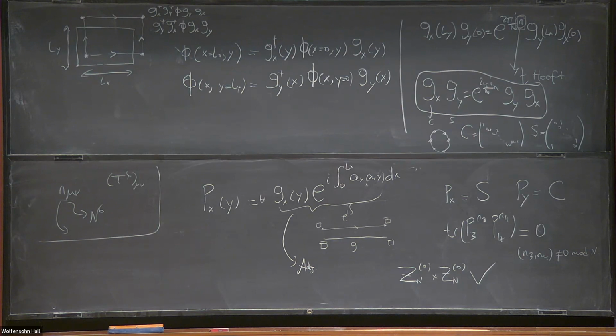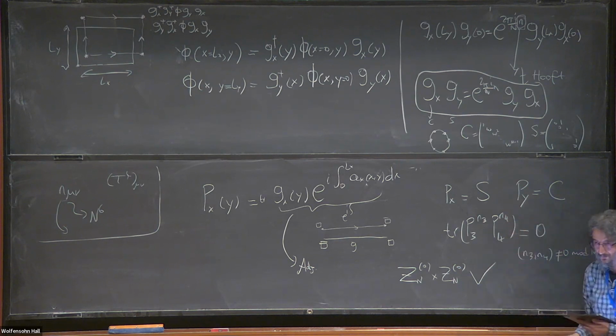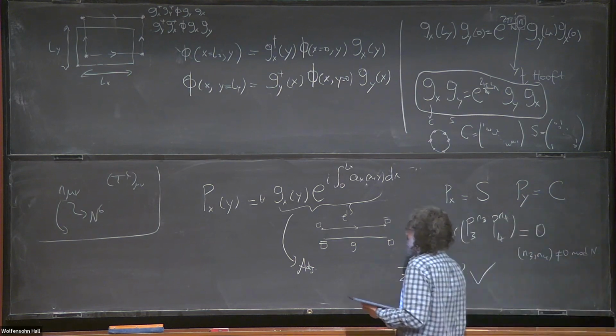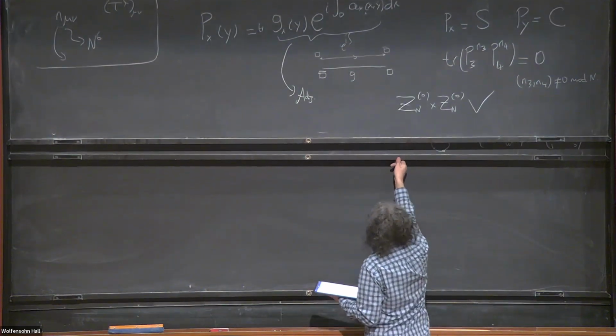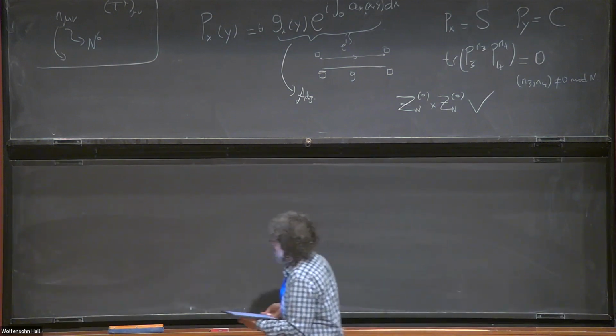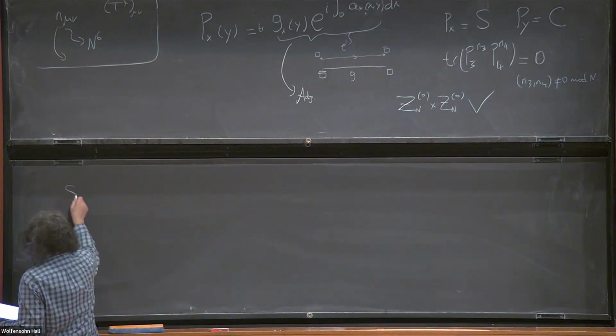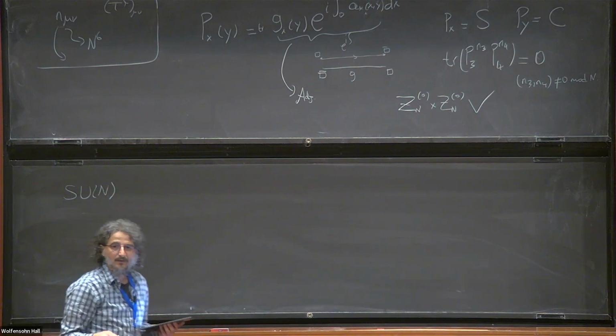But what does it do? If we take, for example, the combination of these two, it actually does something very dramatic to the gauge field. Even if you start with an SU(N) gauge field, now you have these Polyakov loops.